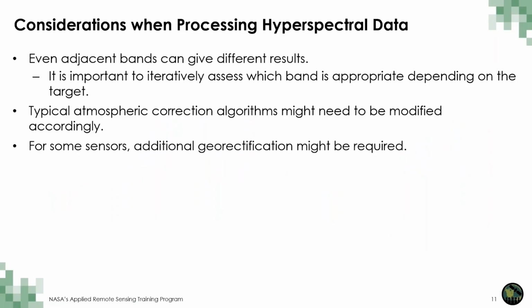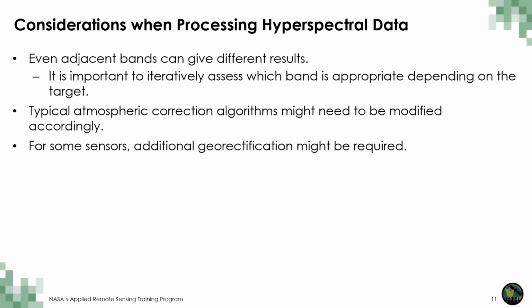Now, there are some considerations when processing hyperspectral data that we have to go through. For instance, even adjacent bands can give you completely different results. So it is important, particularly, to do an iterative process to choose which band is the appropriate one depending on the target. Also, typical atmospheric correction algorithms might need to be modified accordingly depending on the sensor.